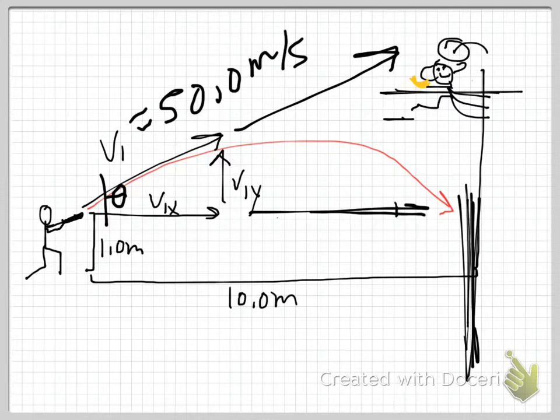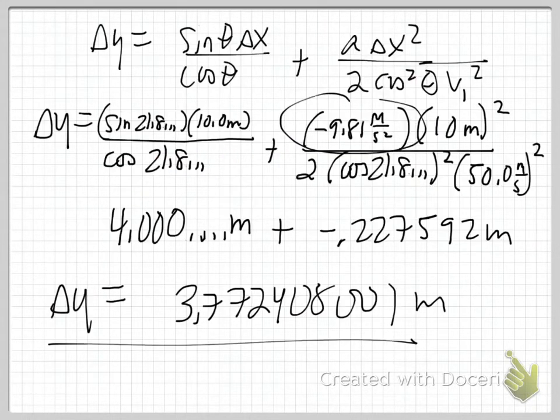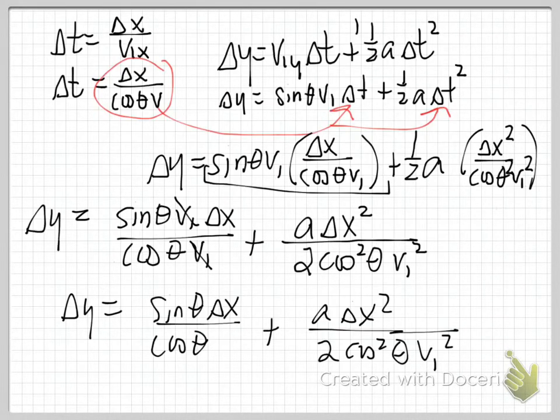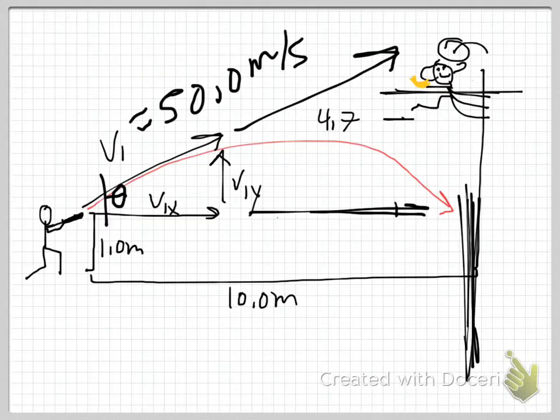Of course, we're treating the monkey as a point, which it's not. The dart ends up at 4.76. How many sig figs do we have? Yeah, we have 3 sig figs. So the dart ends up at 4.76 meters above the ground.